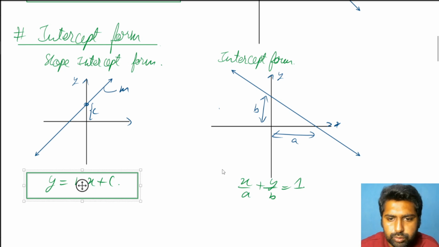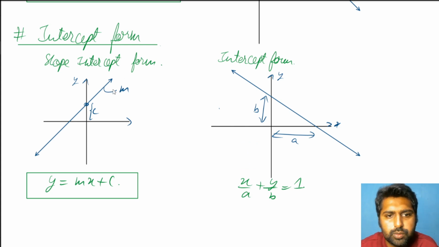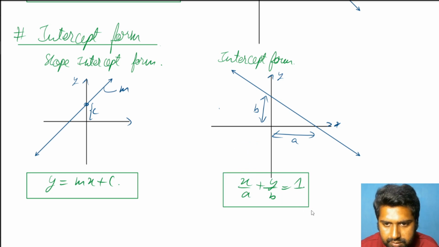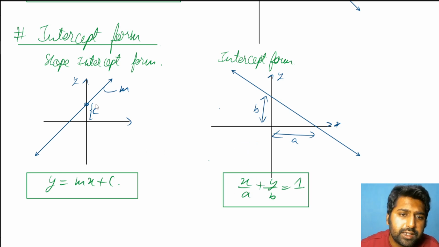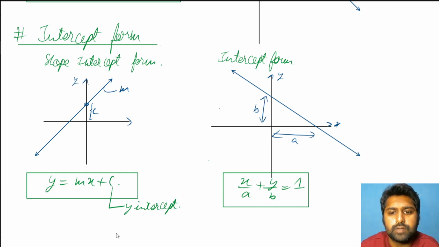When he's talking about both the intercepts, you use intercept form. When he's talking about slope and intercept, more importantly, remember that c is y-intercept, means wherever it is cutting or intercepting y-axis.